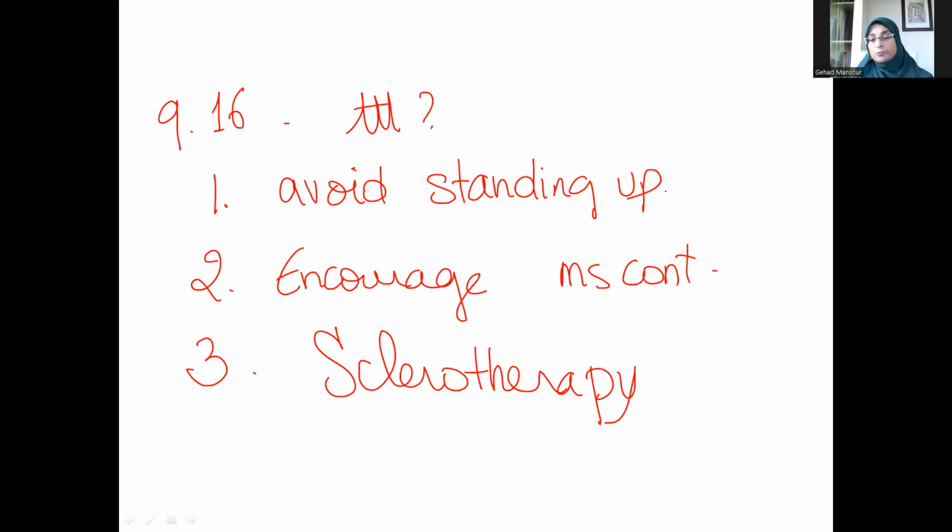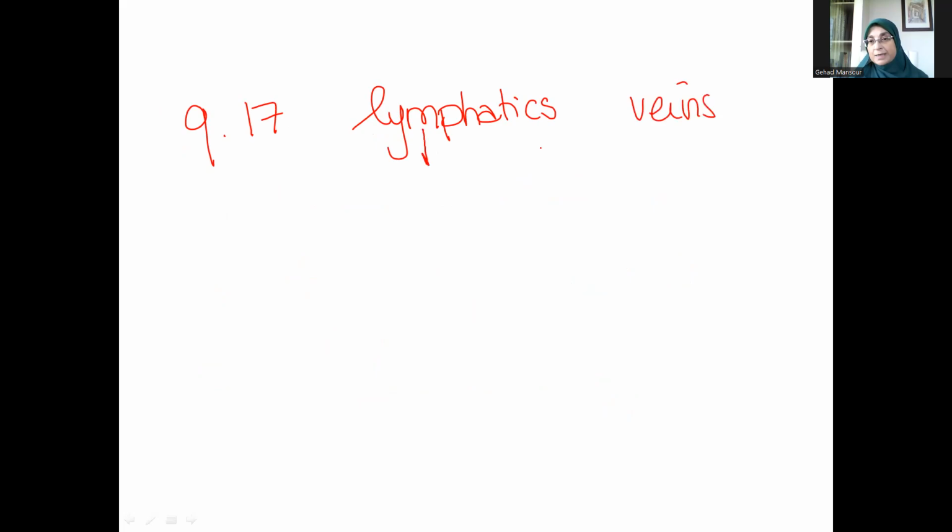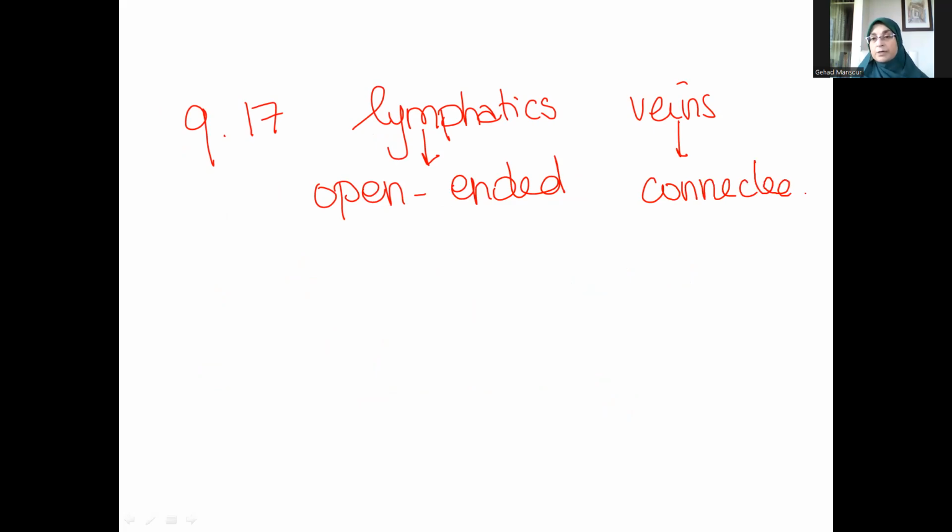You also have to know the lymphatic organs, and the difference between the lymphatics and the veins. As you know, the lymphatics belong to an open system, so they are mainly open-ended, whereas the veins are connected to the capillaries, so they start from the capillaries.